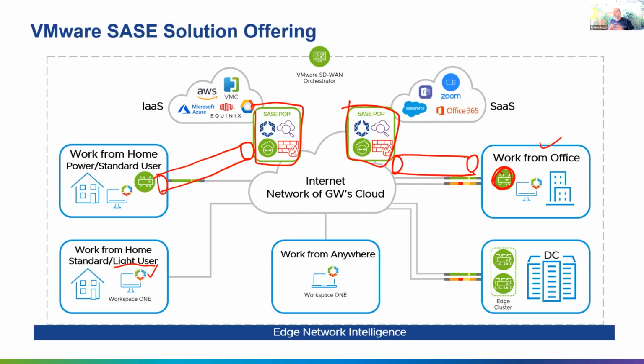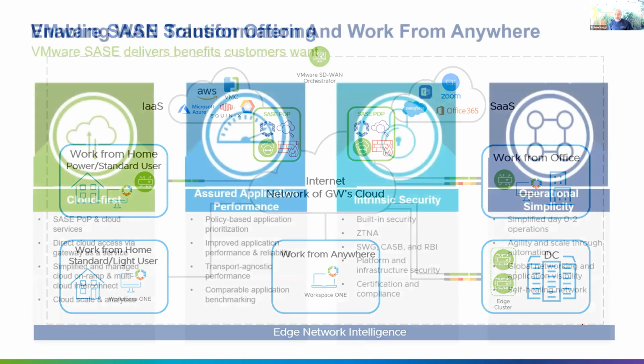So these are some of the multiple offerings. And like I mentioned, ENI, the AI/ML, has visibility into your enterprise network so that it can do self-healing, being just one piece of the ENI framework. So whether you're working from home, from anywhere, or from office, the VMware SASE offering comes into play.